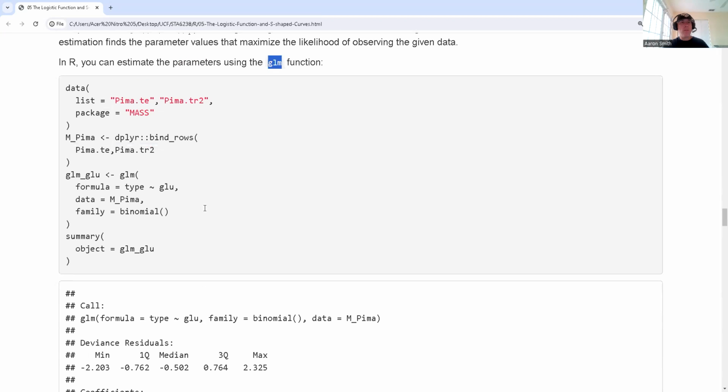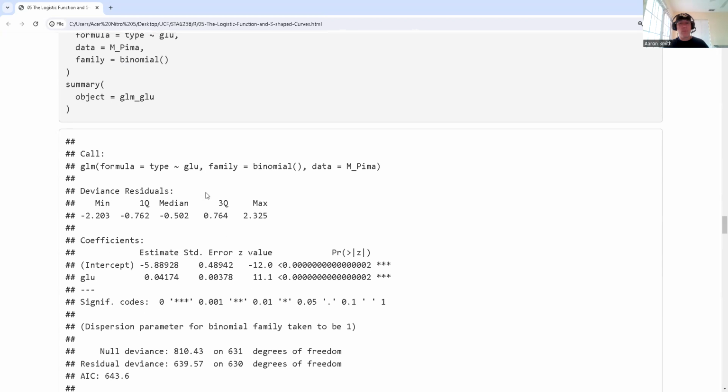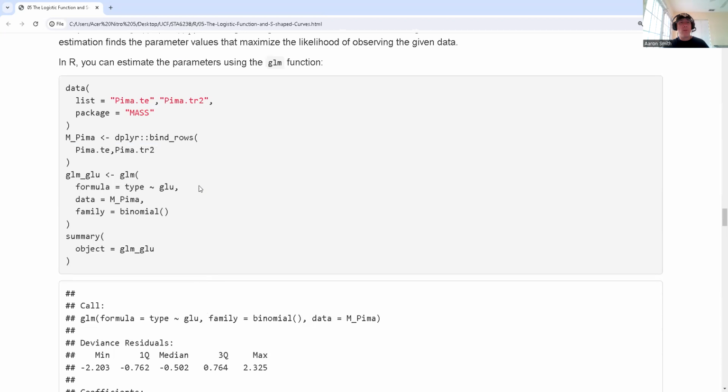If I remember correctly, I think this is diabetes data. All right, so here I've got some data. I'm formatting my data, and now I'm going to say that type, which is my target variable for this one, has 2 different levels, and depends on glucose, I think.